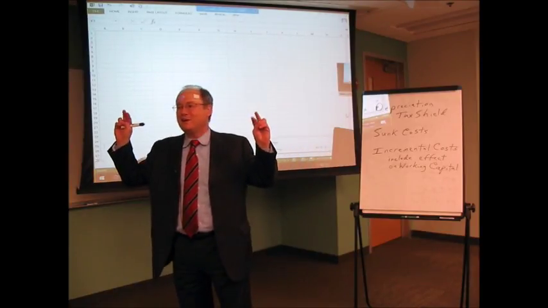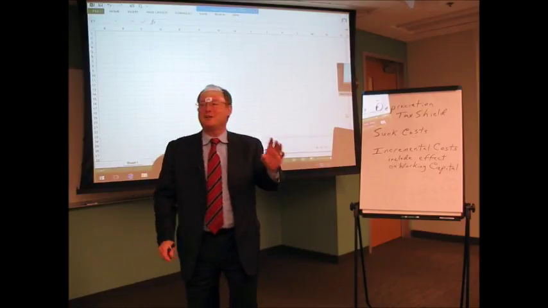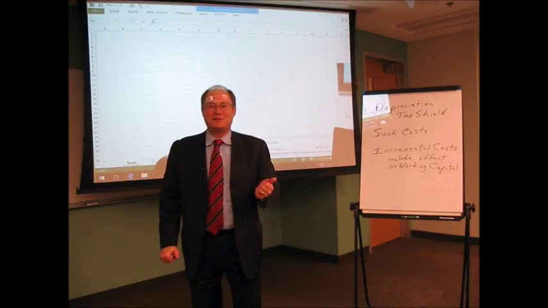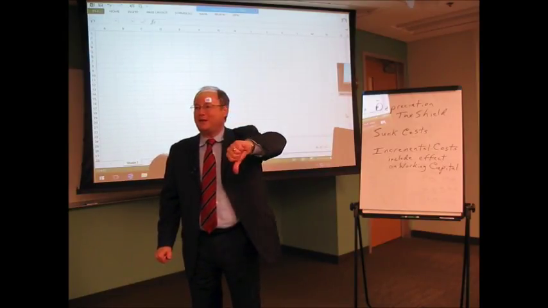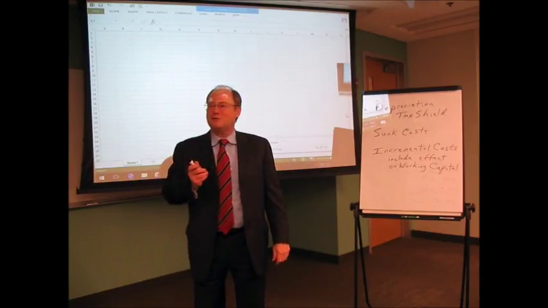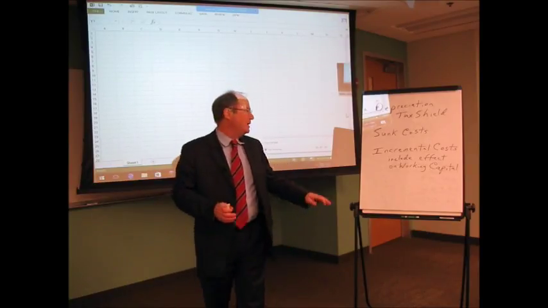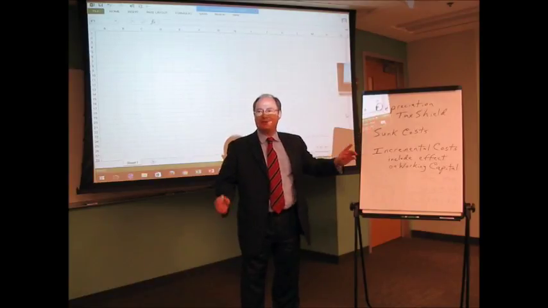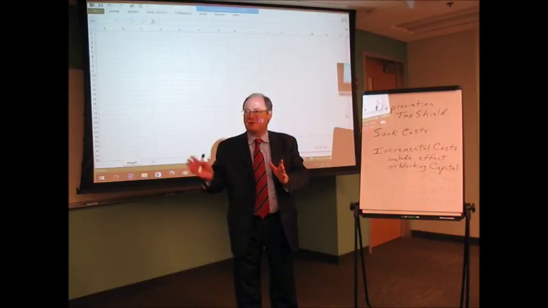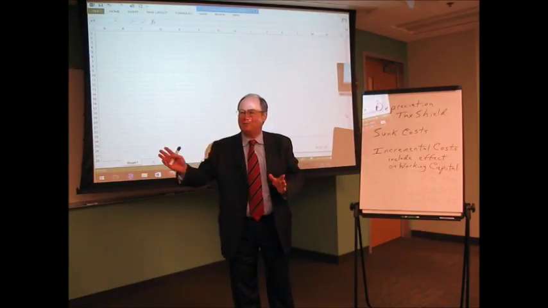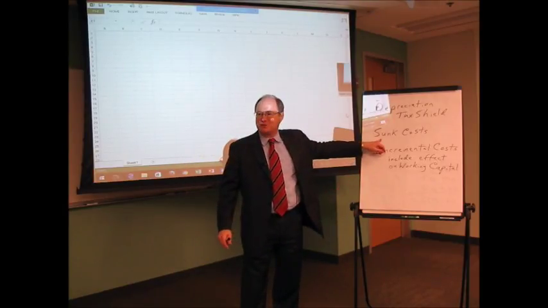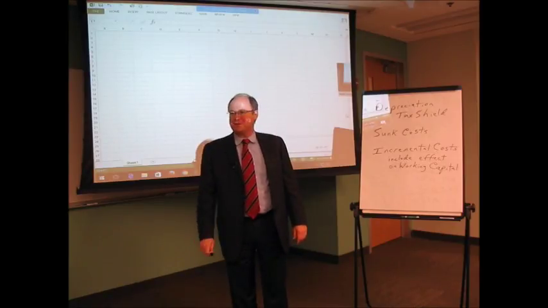That's a sunk cost. It's a cost that doesn't impact our decision whether to say yay or nay to the project. Only the future cash flows do. So, you look at future cash flows, you look at costs that are going to be happening from now into the future. You don't look at historical costs. Those are sunk costs, and they don't affect your decision on the project.